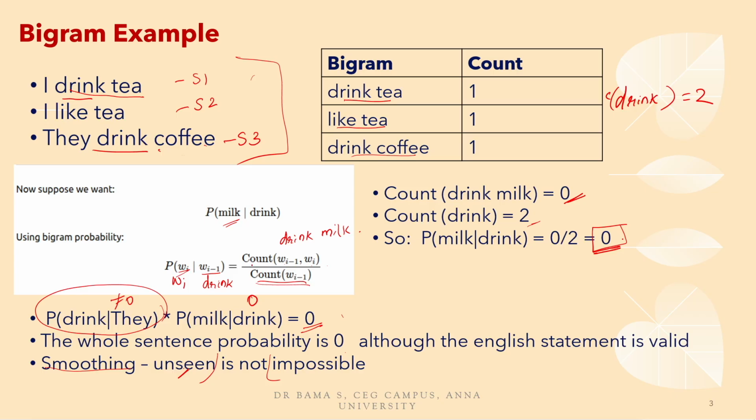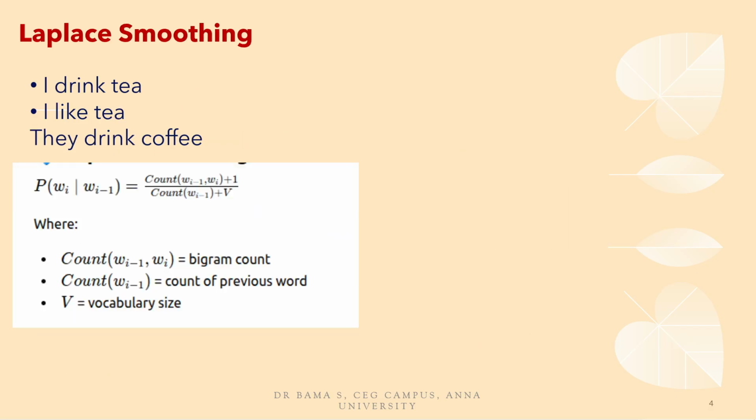In the earlier formula, we count the occurrence of two subsequent words against the count of the previous word. Here it is almost the same, except that we are adding a plus 1 to the numerator so that it must not become 0, and in the denominator we are adding plus V, where V represents the vocabulary size.